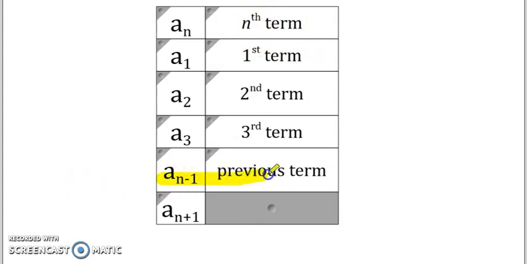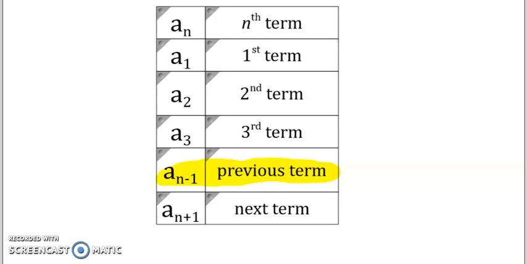This is going to show up quite a bit later in this video and in following videos. Flipping that logic, a sub n plus 1 would be the term immediately after, the next term.